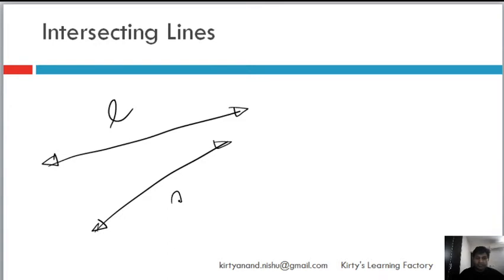So these are lines which are drawn like this. Let's call it line L and M. And the question will be asked, are these intersecting lines or not? Currently, as you can see, we have drawn these lines only till here, and hence they are not intersecting. But if we extend these lines, because we know that lines are of infinite length, we are drawing and putting two arrows here to indicate that actually it is an extension.